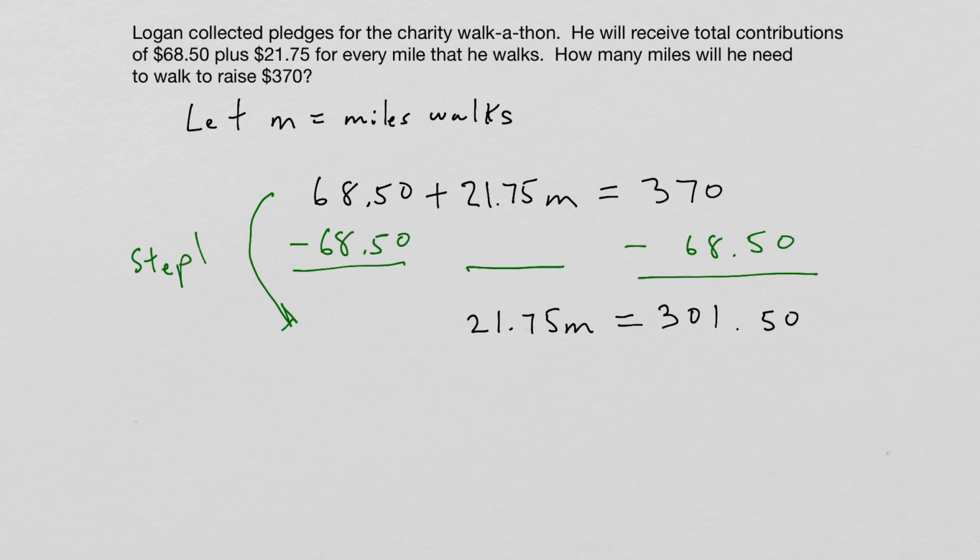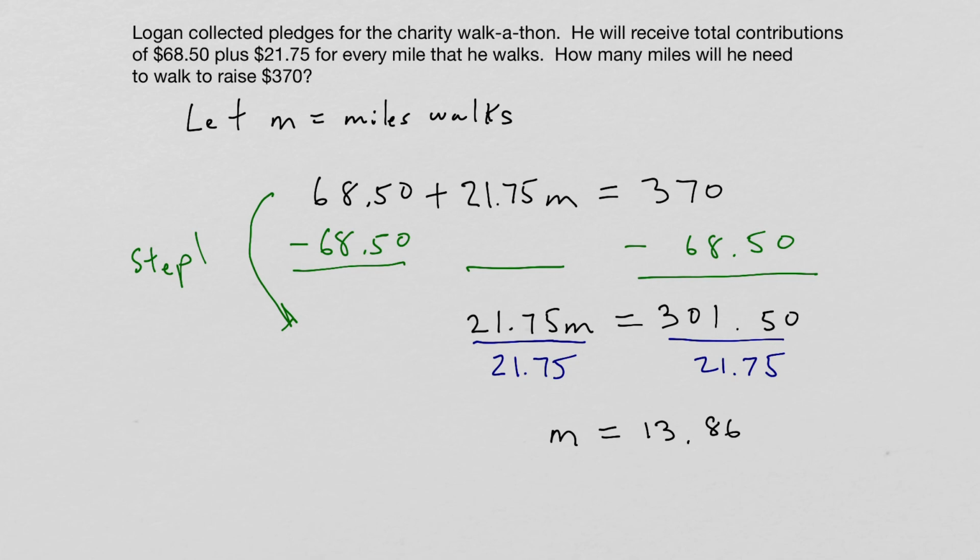Okay, then the next step is to divide both sides by 21.75 because we want to isolate m. I'm going to write this in blue. Divided by 21.75, divided by 21.75. Okay, what we get is m is equal to 13.86.